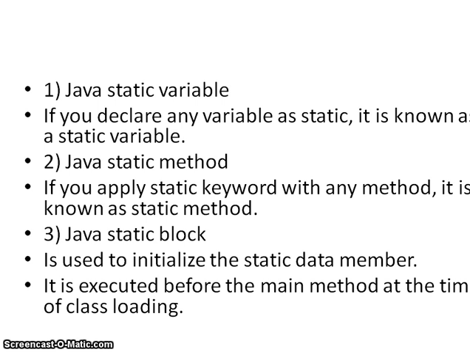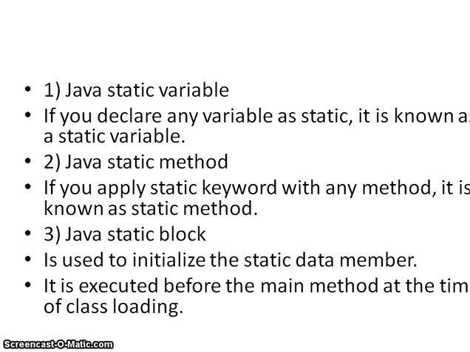And for a Java static method, if you apply the static keyword to any method, it is known as a static method. The third one is the Java static block. It is used to initialize static data members.